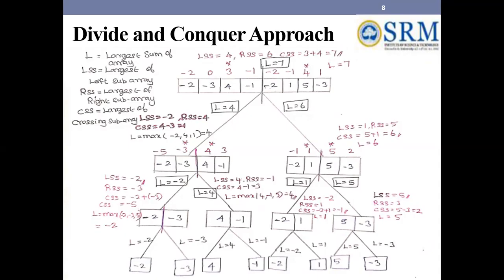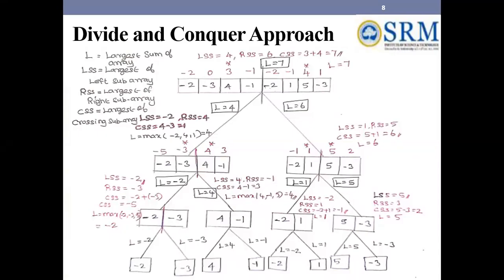See the first step, -2, -3. The largest of the left sub-array -2 is -2. The largest of the right sub-array -3 is -3, because it's a single element that can be considered the largest value. Next, for -2, -3, we are going to find the capital L value for this node. To find capital L, we need three values: LSS, RSS, CSS.